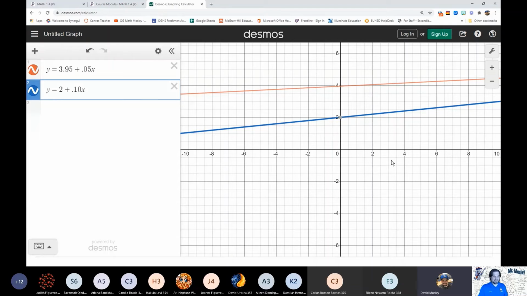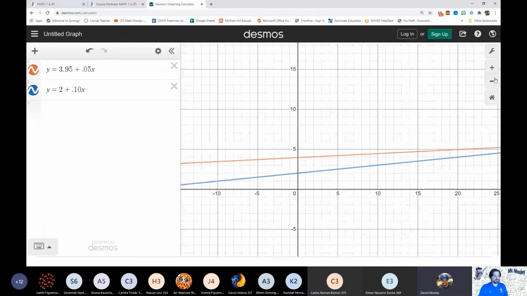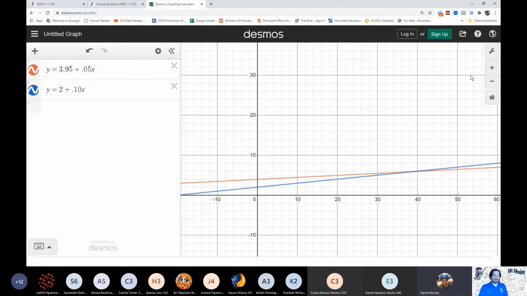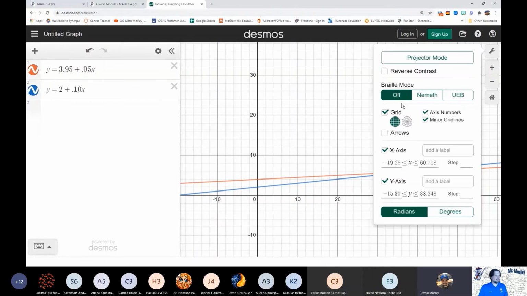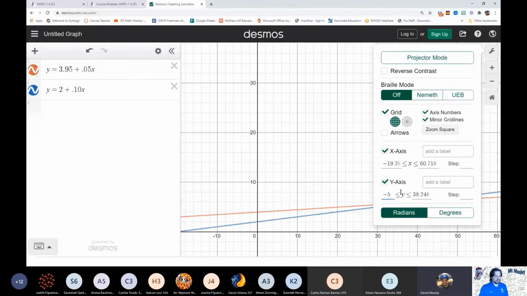Obviously, we cannot see their intersection at this point. So we're going to make some adjustments. Let's adjust the window here so that I can see more.